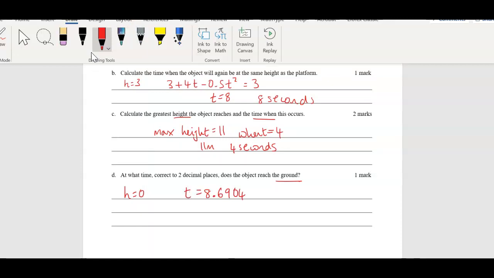The reason for that is when you get into VCE, you can get something that's called a rounding error. So when we're rounding this, we do a cut, and then this number decides whether we round up or down. Now, if you accidentally left your answer as 8.7, that is technically wrong because it's not 2 decimal places.